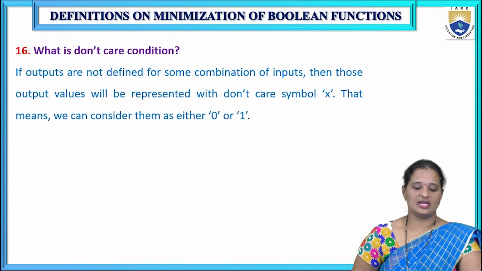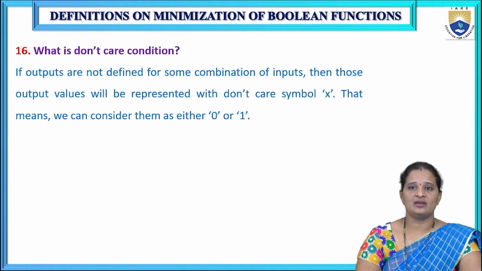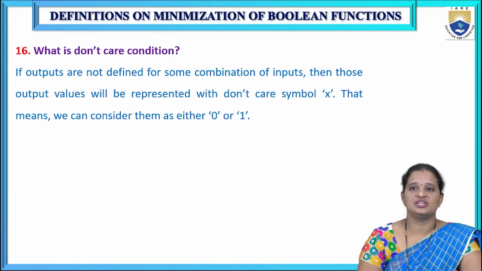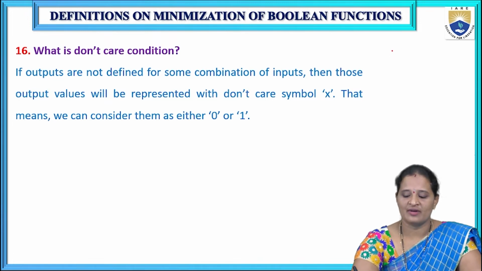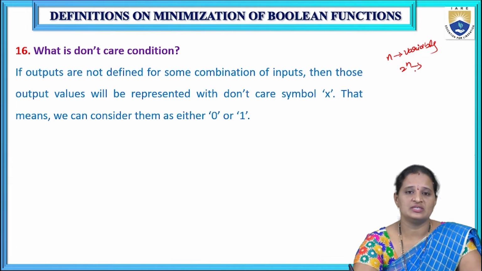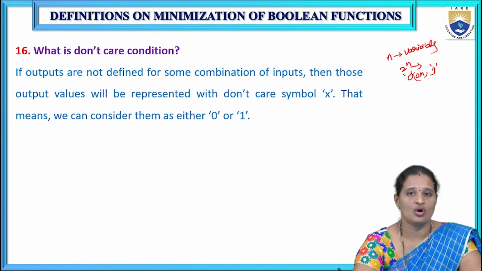Now, what are don't care conditions? We know that for every combination, the output may not be specified. For example, if we have an n-variable Boolean function, the number of possible input combinations is 2 power n. For all the 2 power n combinations, the output may not be specified as either 0 or 1.